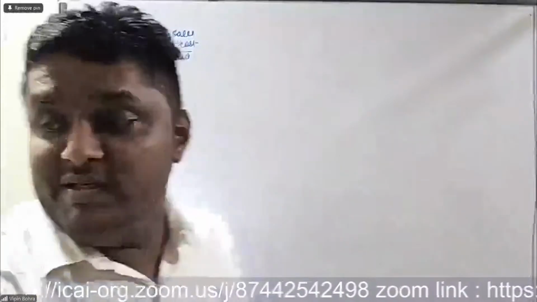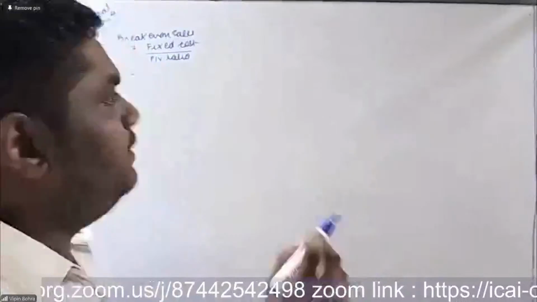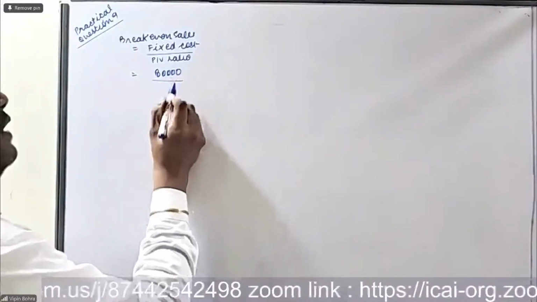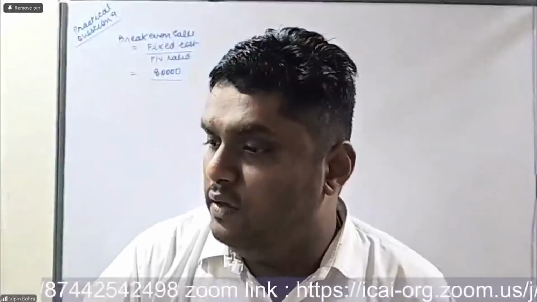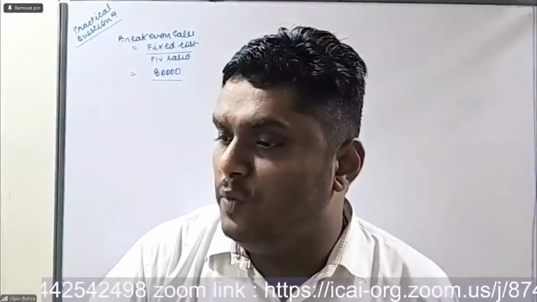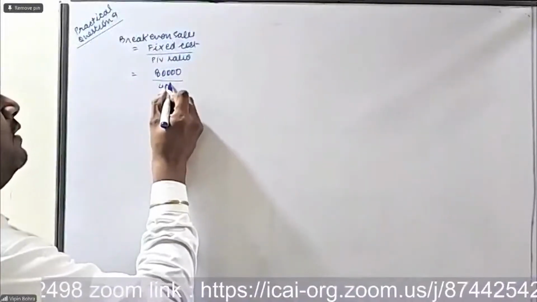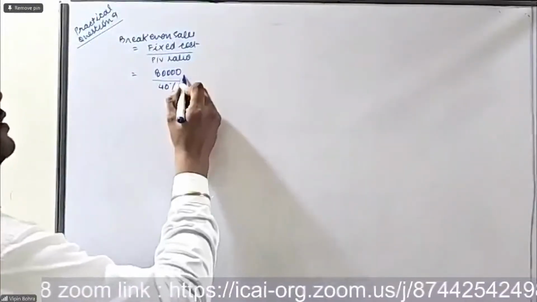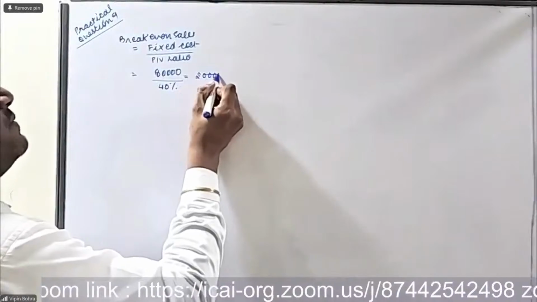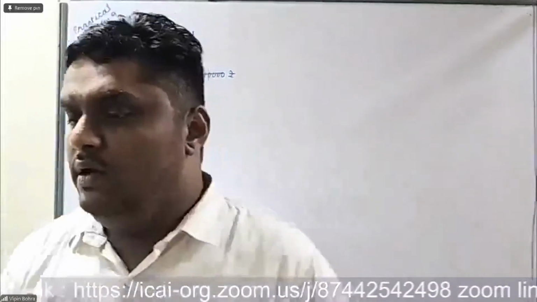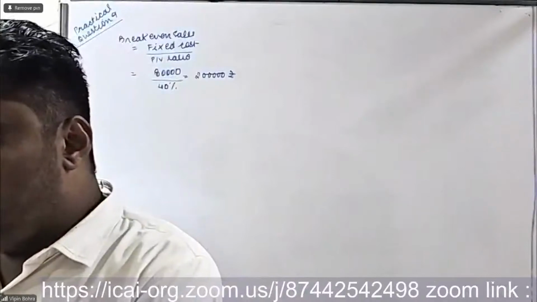So, herein my fixed cost is 80,000 and my PV ratio is, see, it is given that the variable cost of operating is 60% of the sales. It means PV ratio will be 40%. So this will be 2 lakh rupees, my break-even sales. So this is the first answer wherein my break-even sales will be 2 lakh rupees.